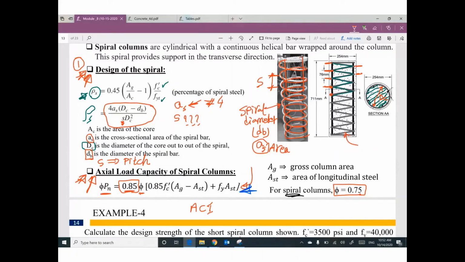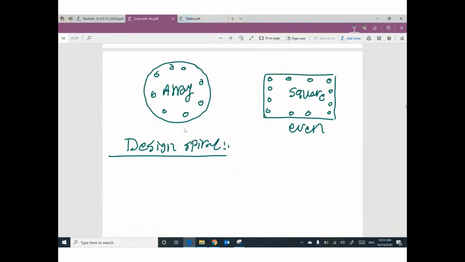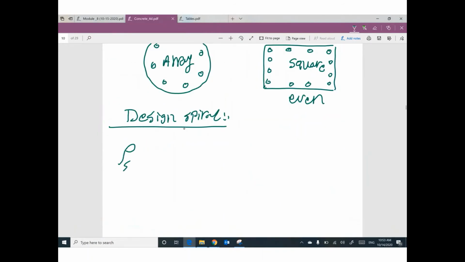And what is the distance between this point and this point? The pitch, S. So we have 2 little equations. The first one, rho S equals 0.45 times (area gross divided by area concrete minus 1) times f'c divided by f yield.